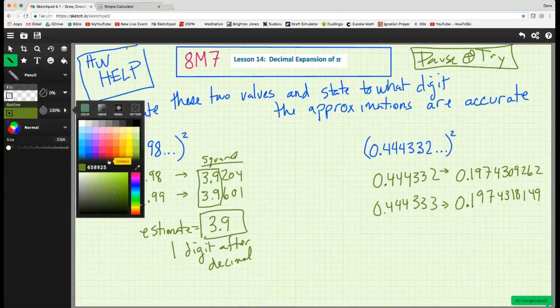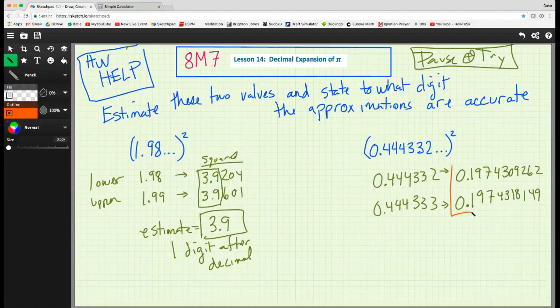So let's see how many digits we can take that one to. Well, we can take it 0.19743, and then it differs.